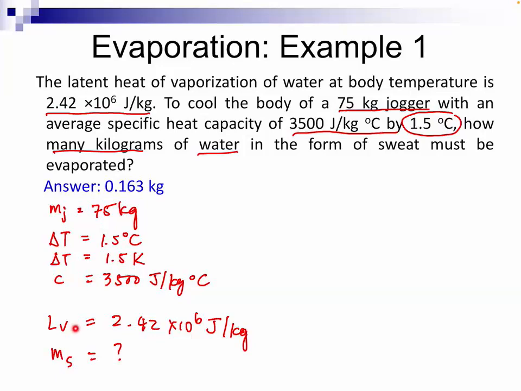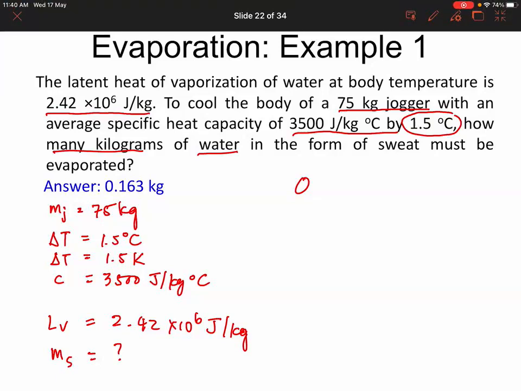The lost heat from the jogger's body will go into evaporating the sweat, and therefore the heat needed to evaporate the sweat will be mass of the sweat times latent heat of vaporization of sweat, and that heat used to evaporate the sweat will come from the heat lost from the jogger: mass of the jogger times specific heat times the change in temperature of the jogger.